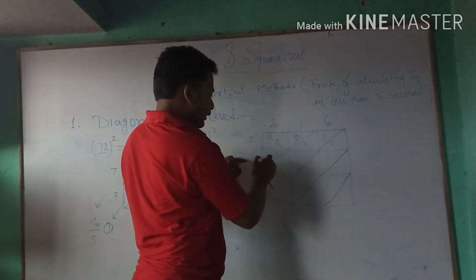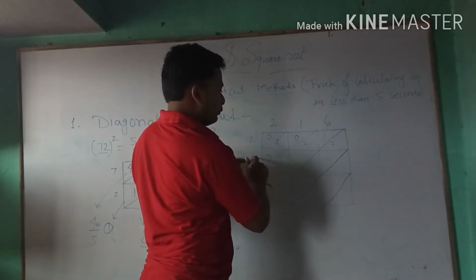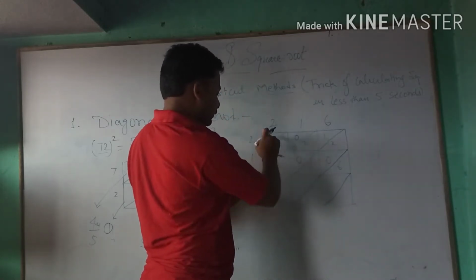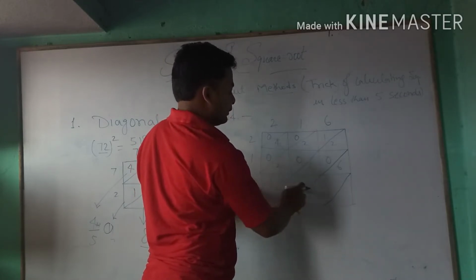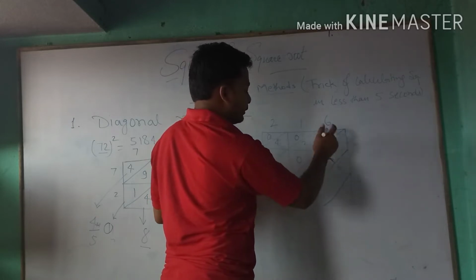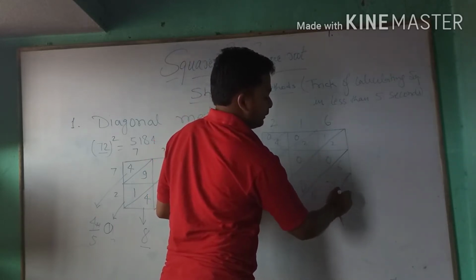Again 2 into 1, 1 into 1, 1 into 6, 6 into 2, 6 into 1, and 6 into 6 is 36.